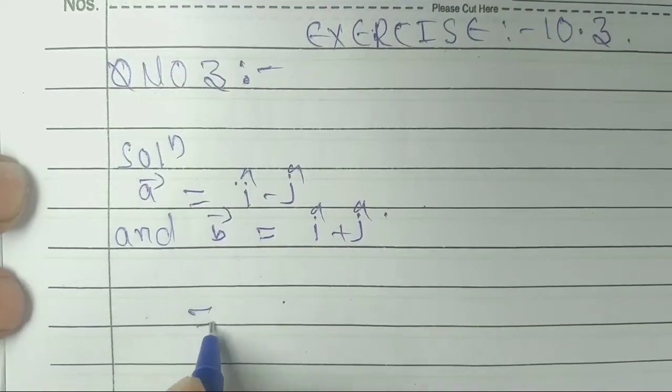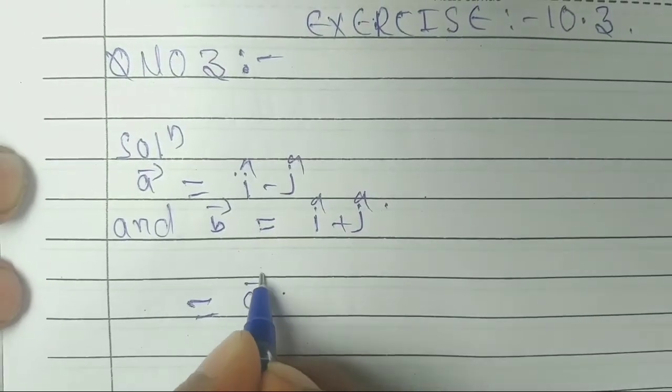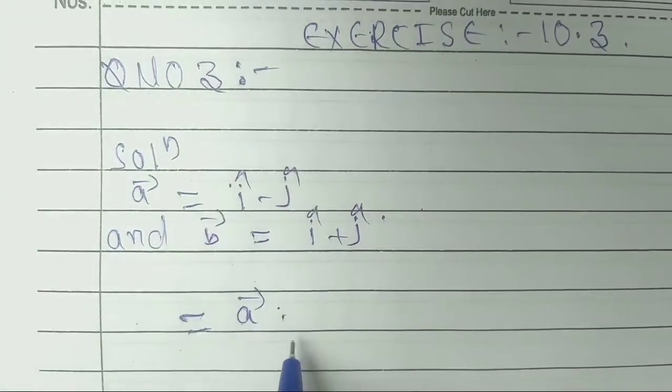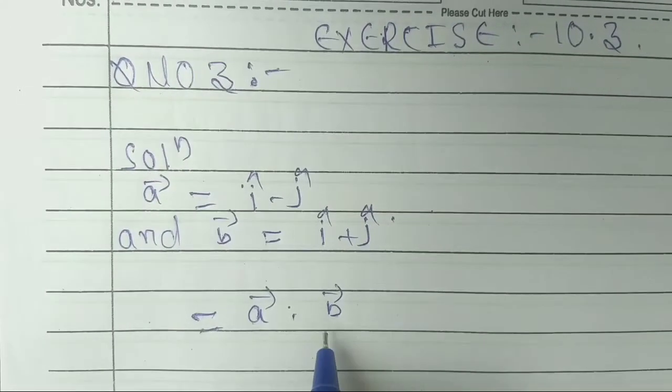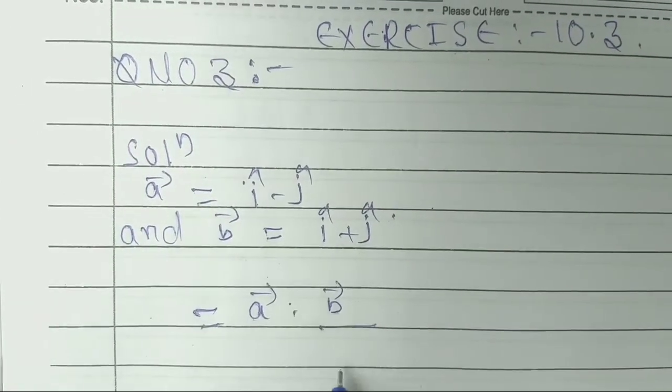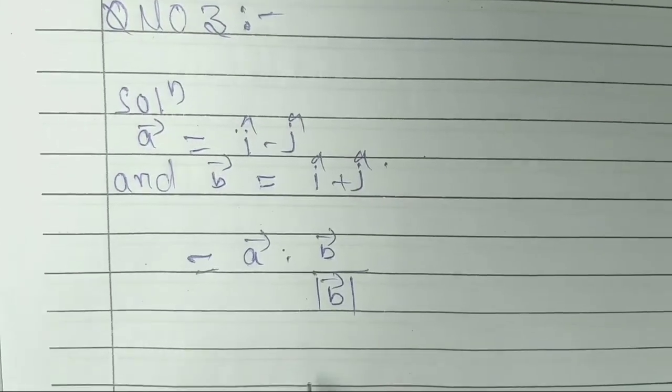Here we have the formula to find the projection of the vector: a vector dot b vector upon modulus of b vector.